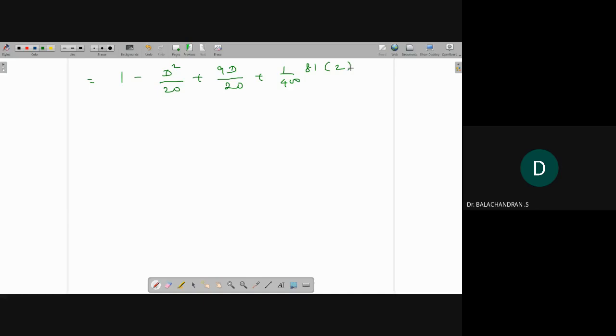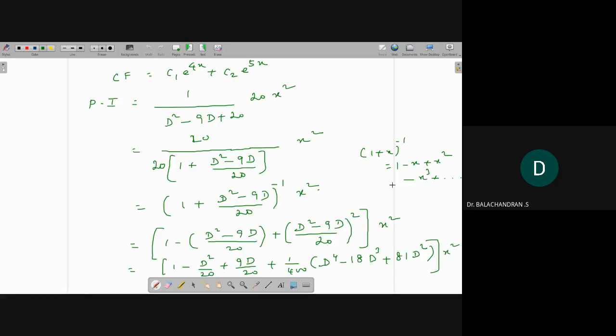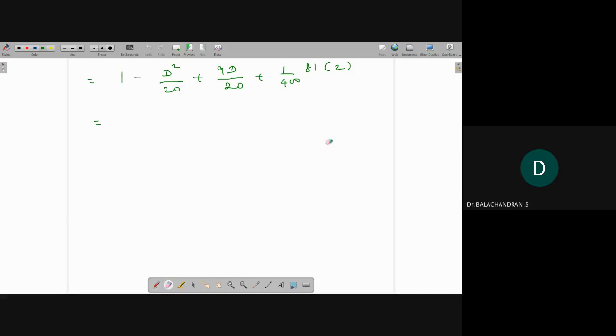Now, is it correct? D square, okay. Now if you simplify this, I think I made a small mistake. So I will keep 81 d square, because here I also have d square.